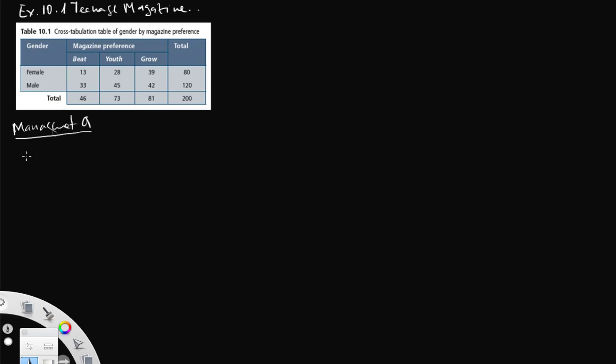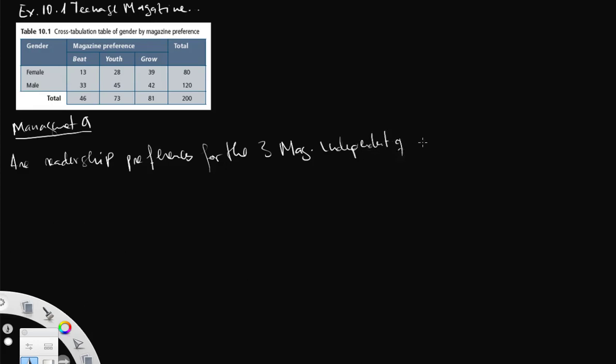So what we're being asked here is, are readership preferences for the three magazines independent of gender?